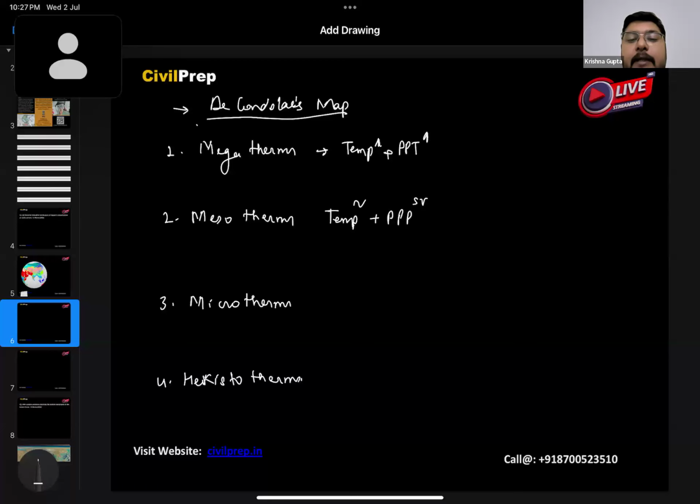In microtherms, the temperature was cool, while the precipitation was low, and it had a short summer. And under the hecistotherms, the temperature was very cold, plus precipitation also very low. Here we'll be seeing a very cold climate, cold and harsh.